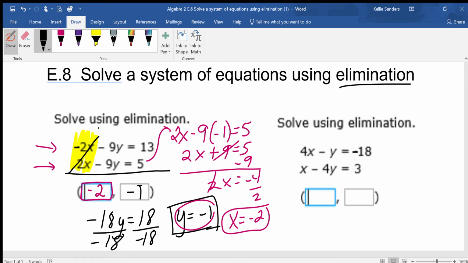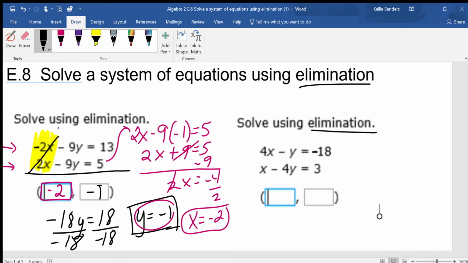So that last one was really easy because the negative 2 and the positive 2 already canceled out. That's what we want to be able to happen whenever we want to eliminate. So on this, what's 4 plus 1? 5. Okay. What's negative 1 minus 4?